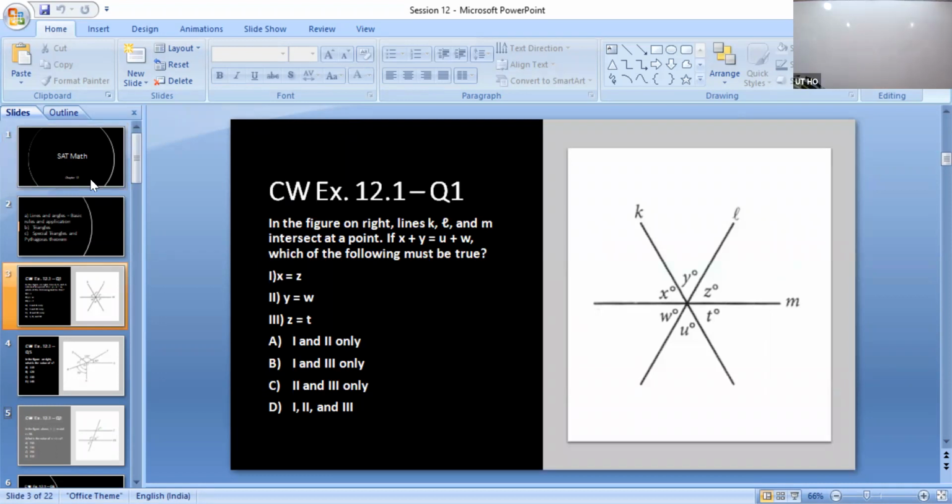Option B, 1 and 3. I got the answer as option B. Okay.